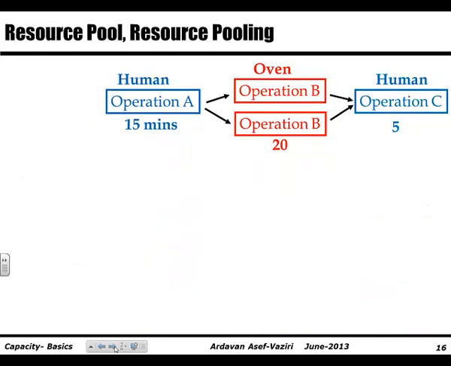Now let's discuss a very important concept of resource pooling. In the first setting, when we had 1 oven, you were idle 5 minutes per 20 minutes. In 1 hour, you were idle 15 minutes.